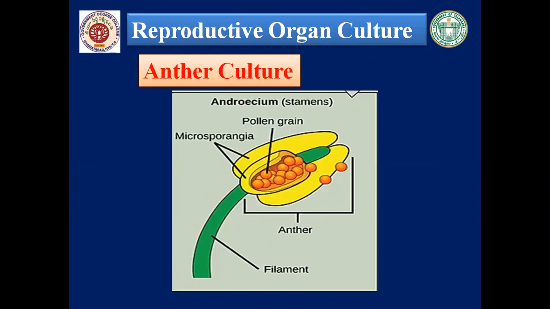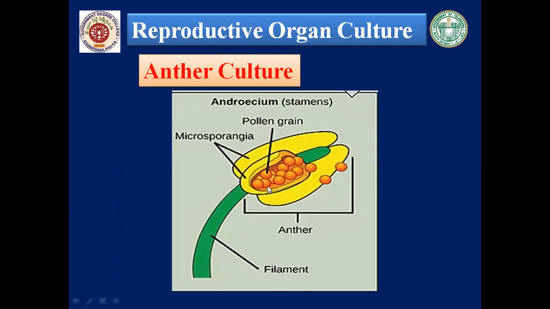This is one more picture which shows it very clearly. The androecium consists of a filament and this is the anther, and when you slit open the dithecous lobes of the anther, there you can see pollen grains, the microspores. So a stamen consists of a filament and anther lobes.